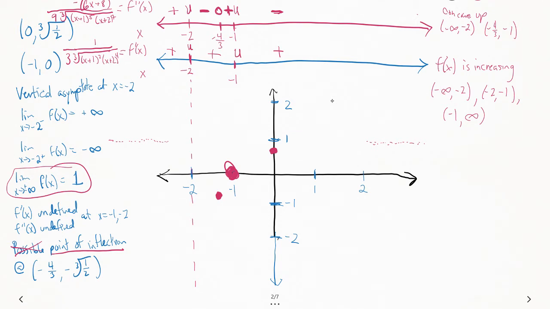We're increasing, we're concave up, and we are coming from the asymptote at 1. So you're either on this side or this side, so let's pick which side we're going to be on. Well, as we approach negative 2 from the left, we have to be approaching positive infinity, right? So that's telling us which side of the asymptote we'll be on.